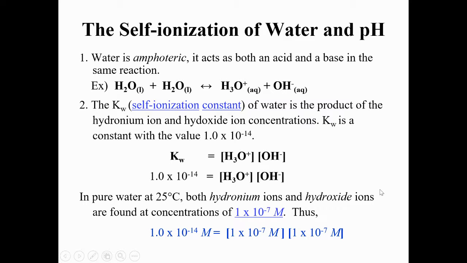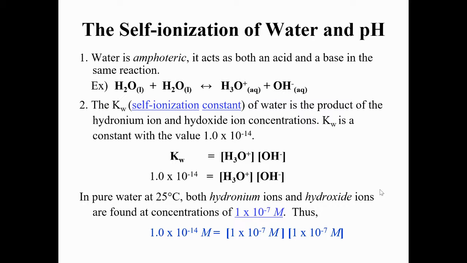All right, today we're going to talk about pH and what that means in terms of the concentration of hydronium ions and hydroxide ions. First, we're going to talk about something called self-ionization of water. We said earlier that water is amphoteric and can act as either an acid or a base.